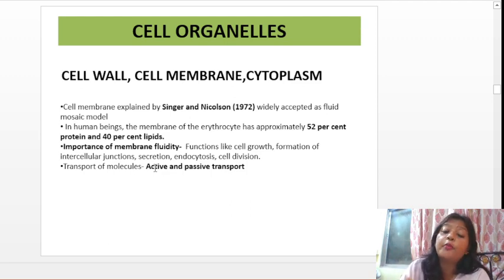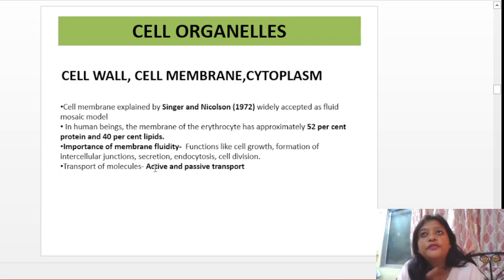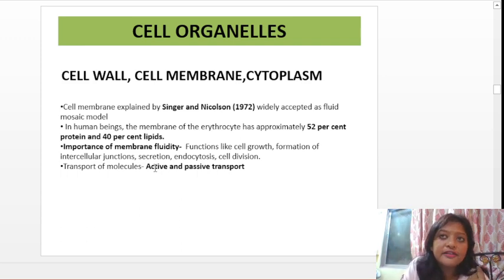Now there's another topic, known as active and passive transport. When materials are transported across the cell membrane, we talk about two types of transport: one is active and one is passive.